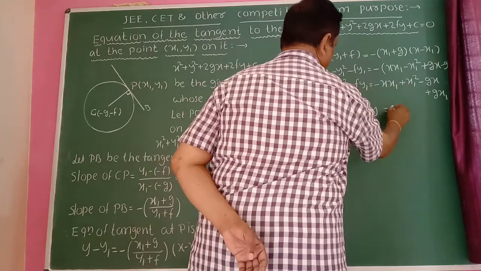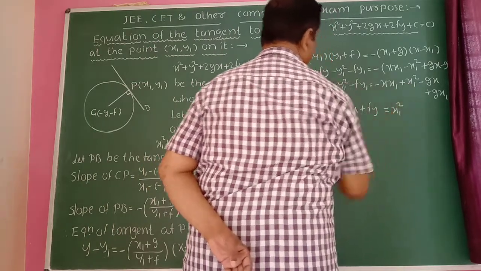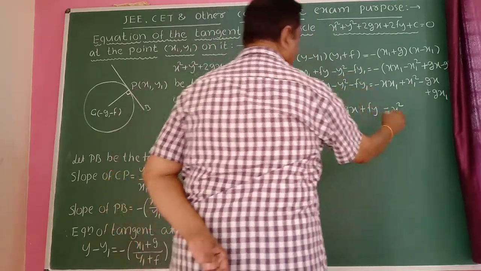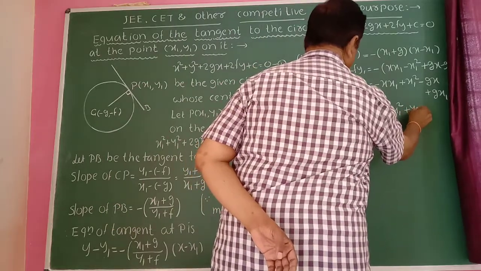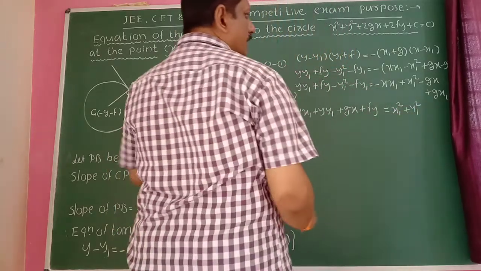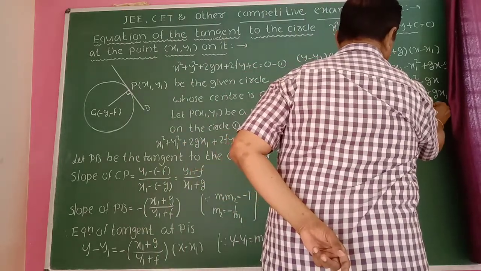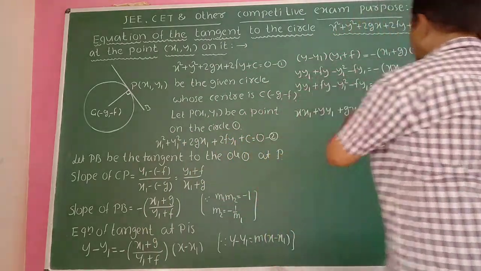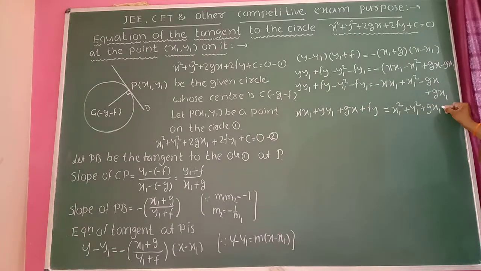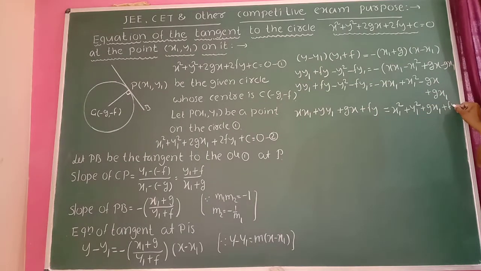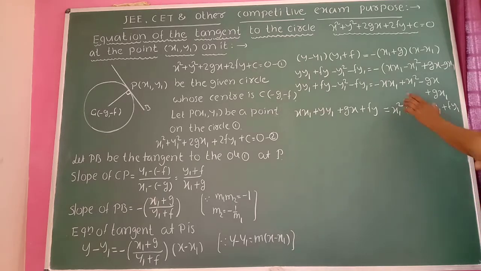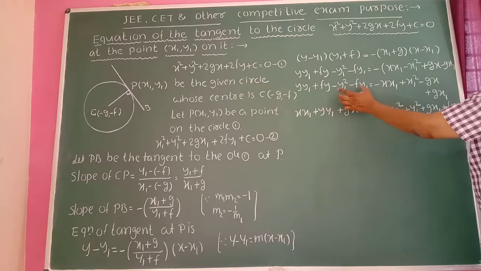Take minus y1 square to the right-hand side, plus y1 square, then gx1 plus gx1, take fy1 to this side, plus fy1. Take these two negative terms to the left side and these two negative terms to the right side.